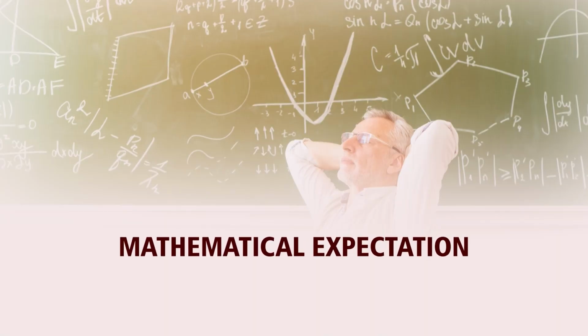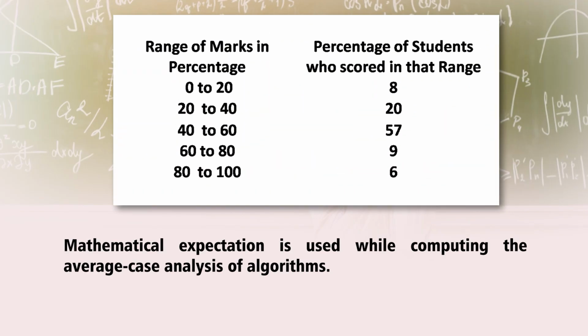Then comes the mathematical expectation. This mathematical expectation we used when we were defining the average case complexity. Mathematical expectation is used while computing the average case analysis of algorithms. For example, the distribution of marks of students who completed MCA in 2024 is given in the attached table.